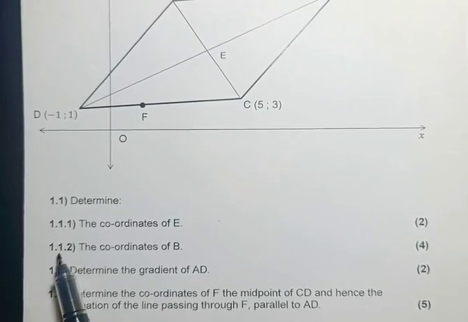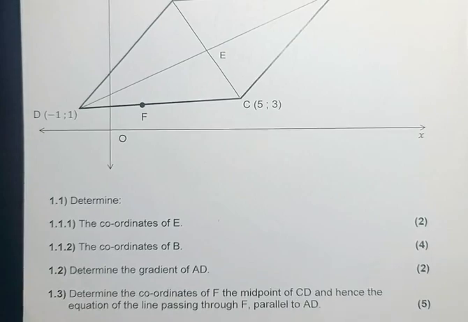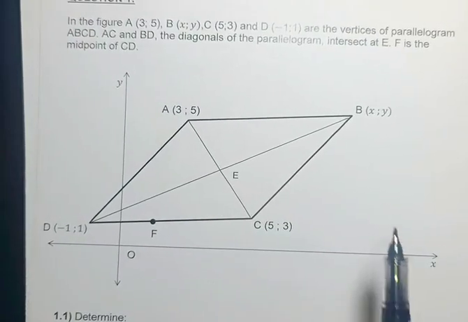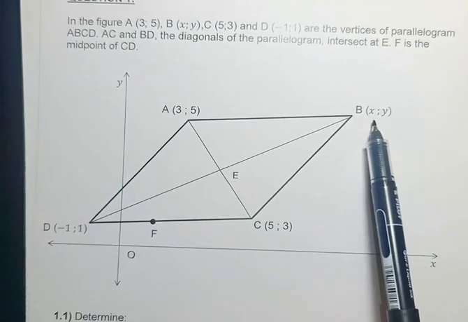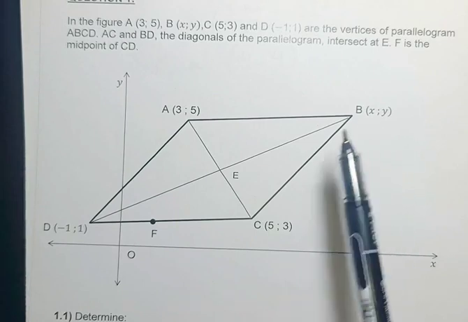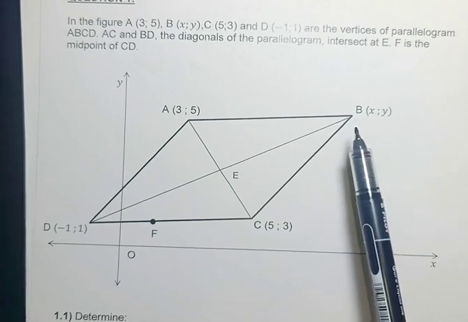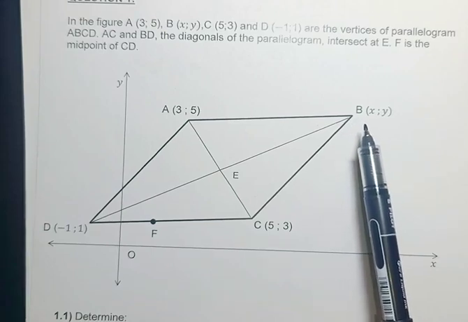Question 1.1.2 says determine the coordinates of B, a 4 mark question. You must remember B is x and y. We don't have the coordinates of B, so we need to find them, by inspection or by midpoint.